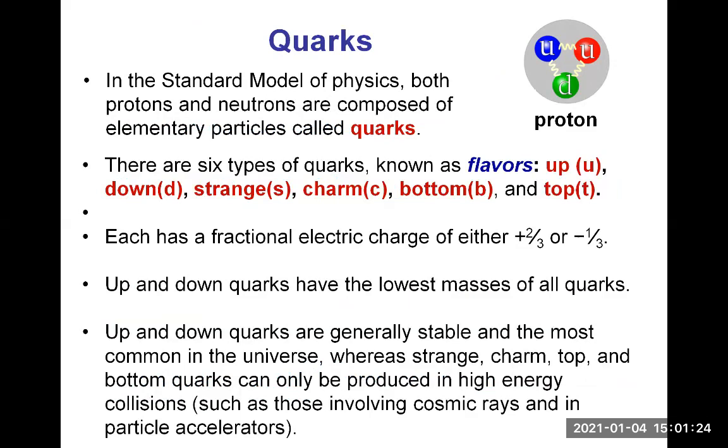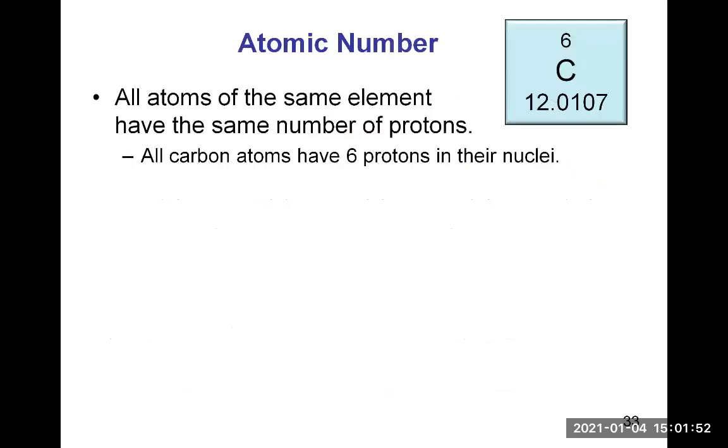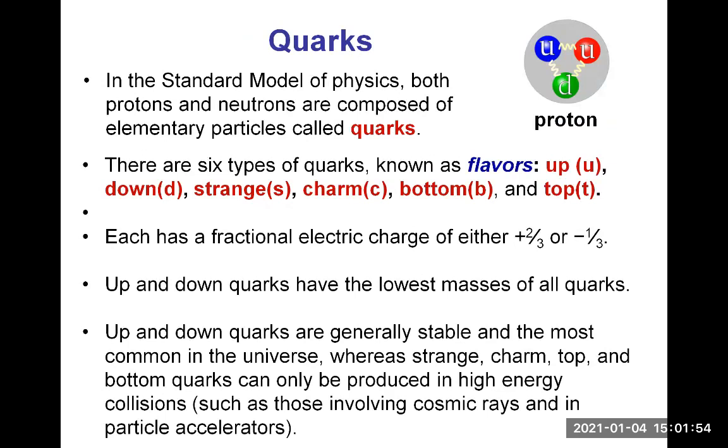Given that they have a fractional electrical charge of either 2/3 or -1/3, you have a different number of quarks per proton and different numbers of quarks per neutron, and it explains their difference in charge and the fact that they have about the same mass. So you can explore more about the quarks using those slides and the links I provided earlier.